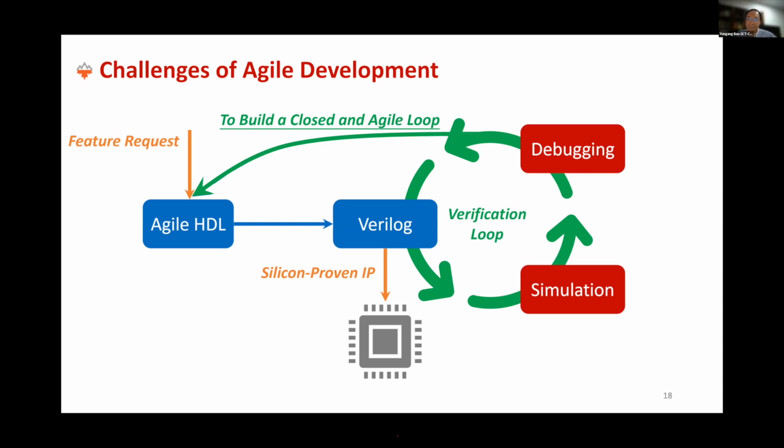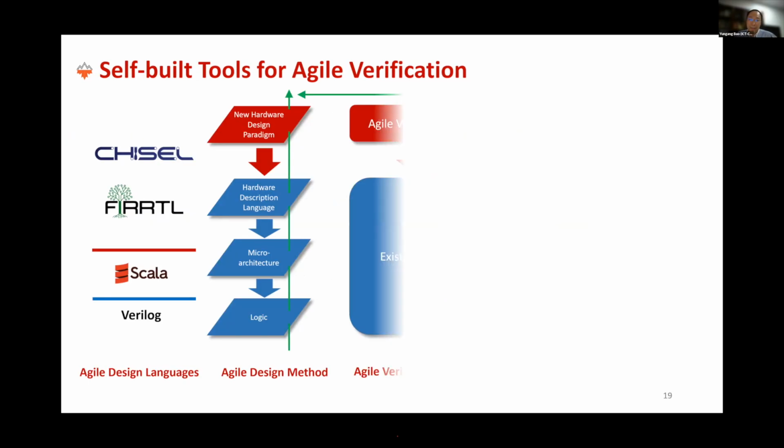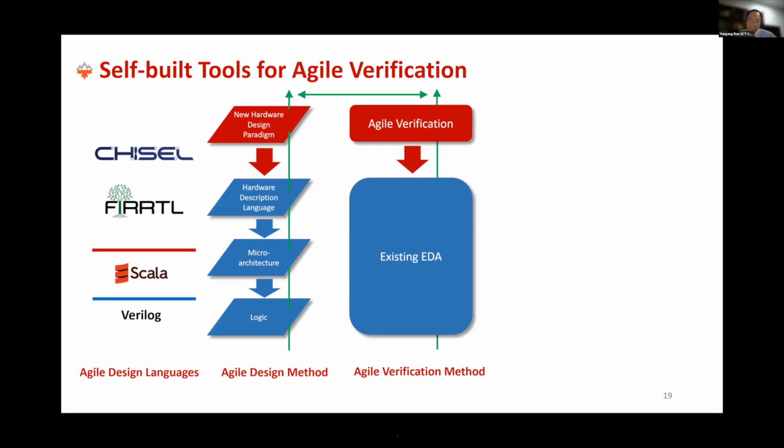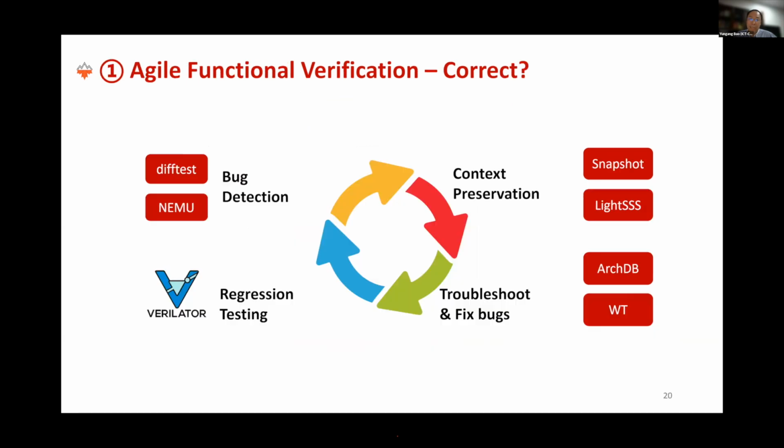Here we have built a bunch of tools for agile verification. Based on existing EDA tools, we have built more than 10 tools to form an agile verification flow. In particular, we had to complete two functionalities.